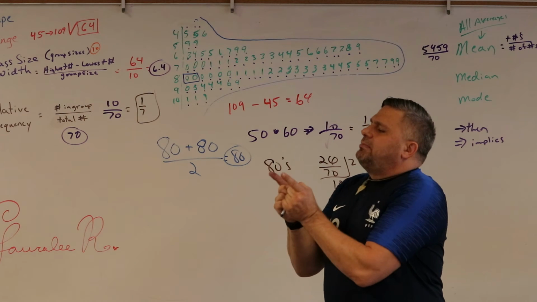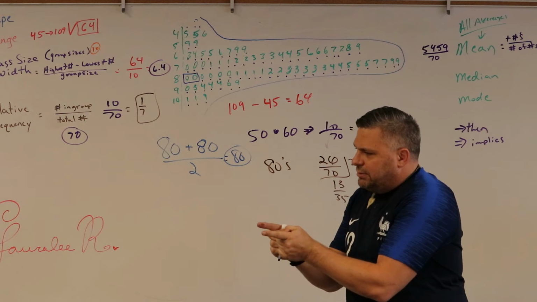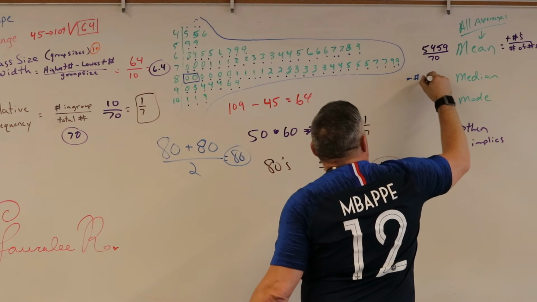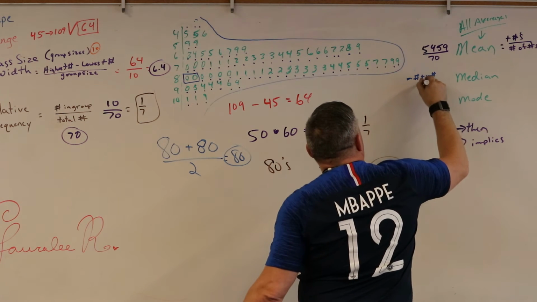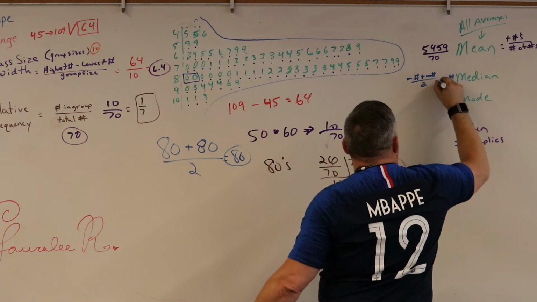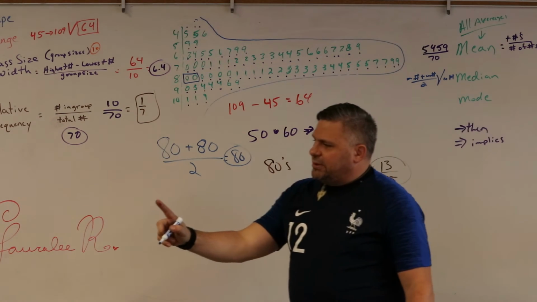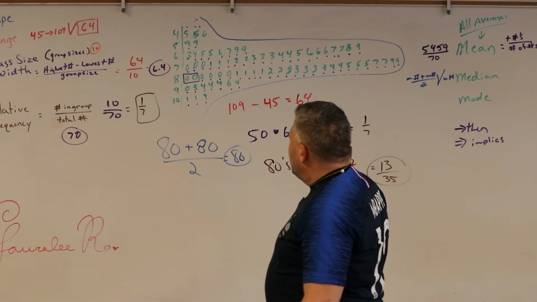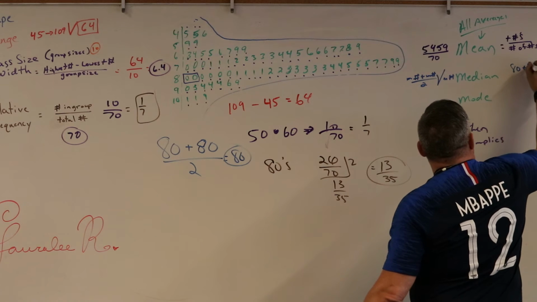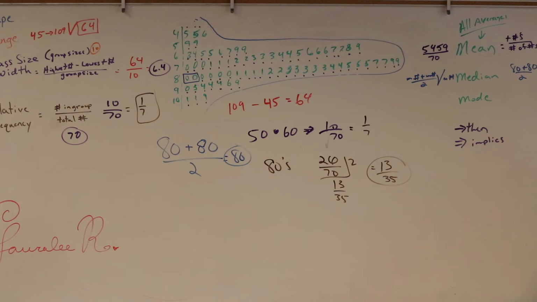Then there's going to be 2 numbers in the middle, and you have to add those 2 numbers up, divided by 2. If it's odd, there's just going to be 1 number in the middle. Does that make sense? And so what we had was 80 plus 80 divided by 2, which is 80. And so that's our median.